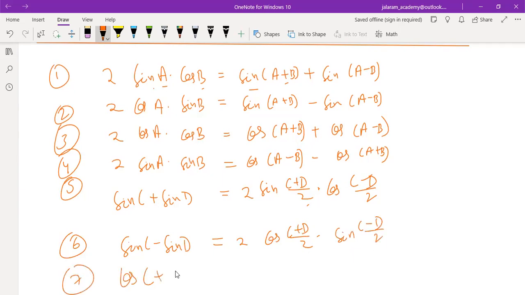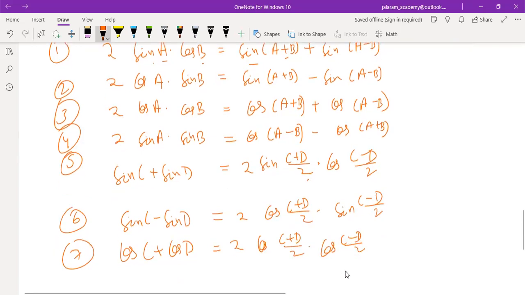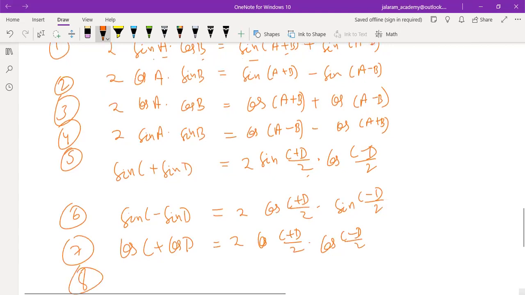The next one is about the cos. So cos C plus cos D equals 2 cos (C plus D)/2 into cos (C minus D)/2. And the last, cos C minus cos D equals 2 sine (C plus D)/2 into sine (D minus C)/2.